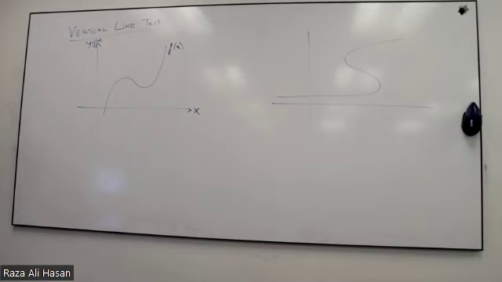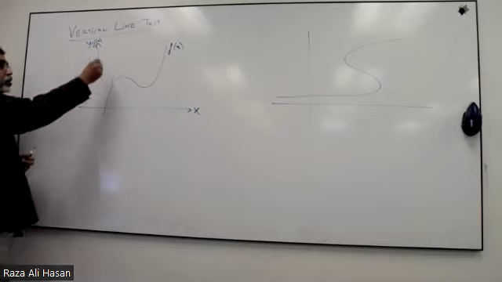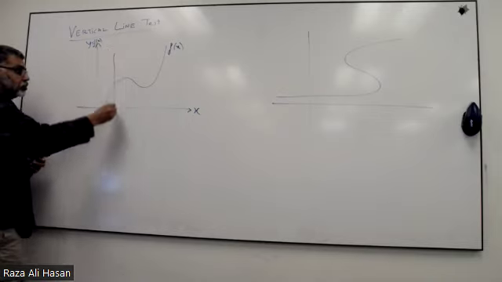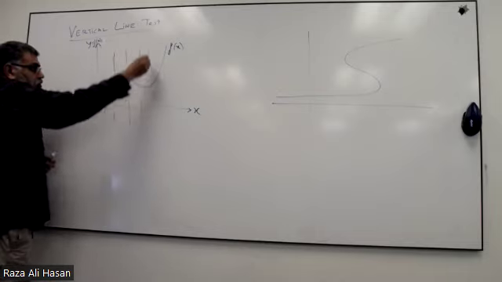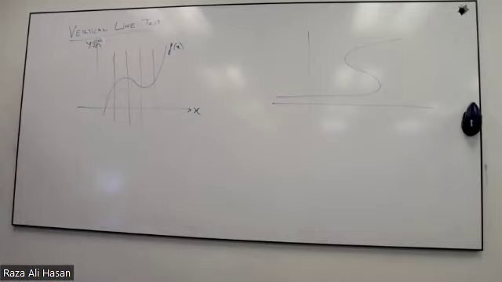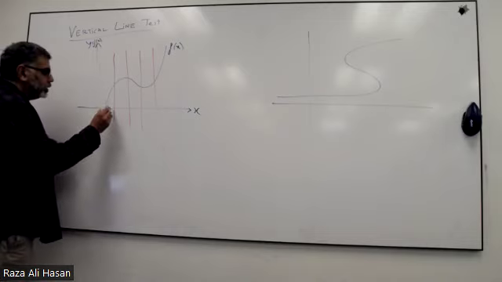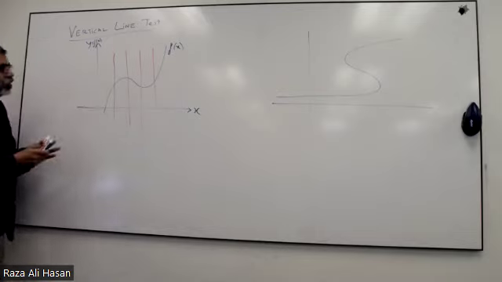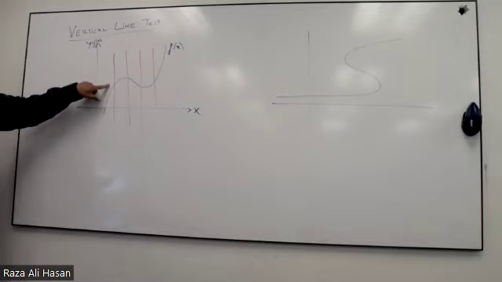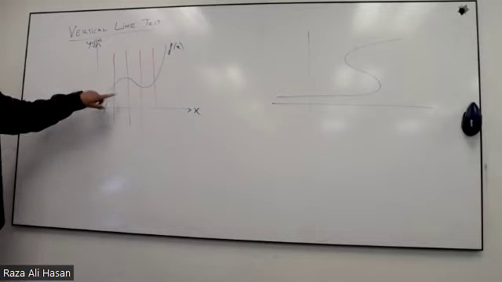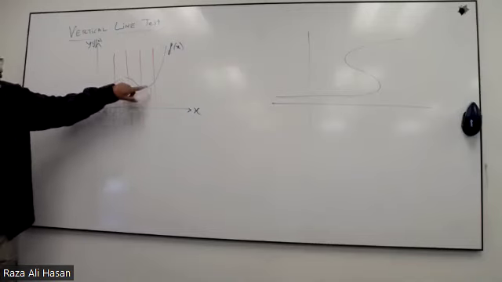Vertical line test says take a marker and draw vertical lines. Okay, so I put 4 lines, and if there's an x here, how many points does this vertical line touch on the graph? 1. Only one, only one, only one.